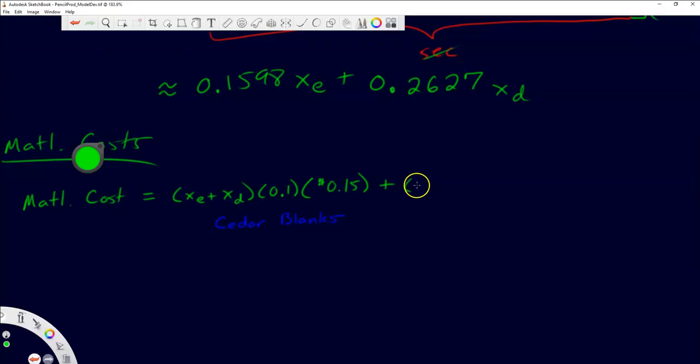So we can write again X sub E plus X sub D times 1.5. Now remember, we're trying to get it to pounds, so we're going to divide by 16 there. And the cost is 75 cents. That is the glue.